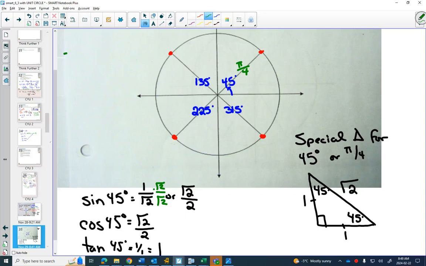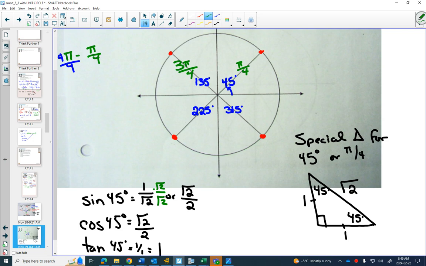How do we do that? How do we do the math? 180 minus 45 was easy because those numbers work. But here we have pi minus pi over 4. How do you subtract fractions? You need a common denominator. Does it make sense that I can change pi to 4 pi over 4? And then 4 pi over 4 minus 1 pi over 4, that will leave me with 3 pi over 4.